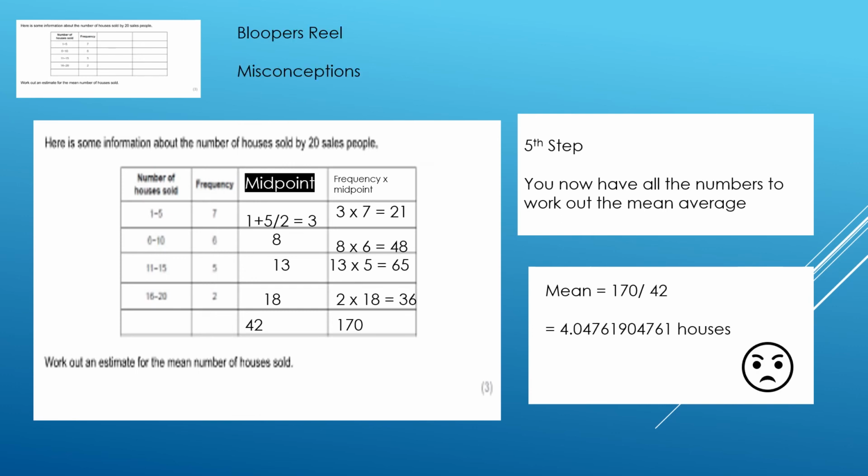So it shouldn't be two decimal places there. That's been put there by mistake. What I've done is to show a misconception, what could happen. In this case, easy to do, we've added up the total of the midpoints rather than the frequency, which means the mean is 170 divided by 42, which leads to quite a complicated number, which gives us a little bit of a clue that it might be wrong, but it leads us to a totally different answer, and that's by doing quite an easy mistake, a misconception.